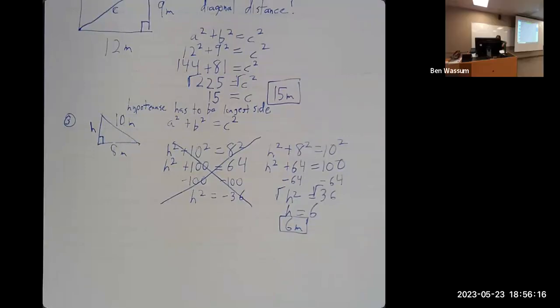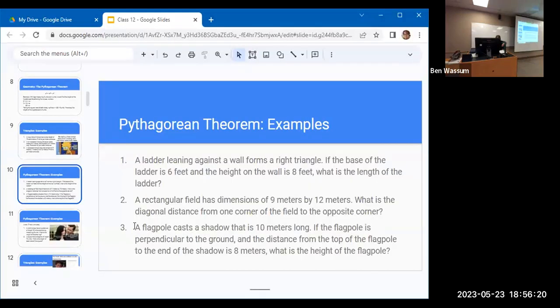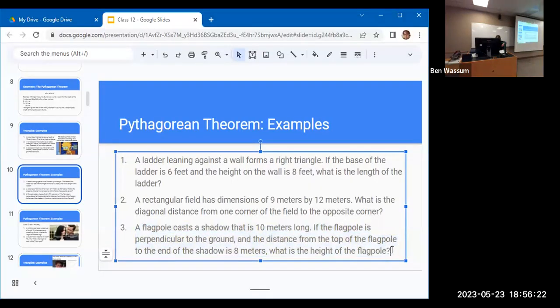So the problem here is that based on this example, where it was telling us that from the top of the flagpole to the end of the shadow it was 8 meters, and then the shadow was 10 meters, the triangle that is given as an example is physically impossible.